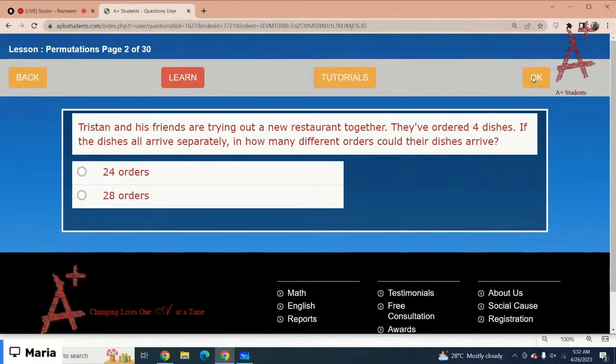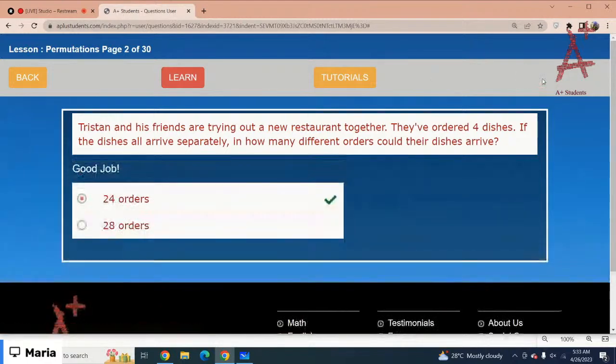So 4 factorial equals, so the correct option is, 4 times 3 is 12 and 12 times 2 is 24. That would be 24 orders. You need to calculate 4 factorial.